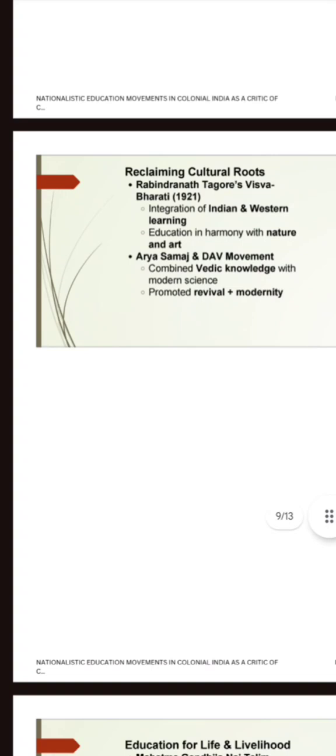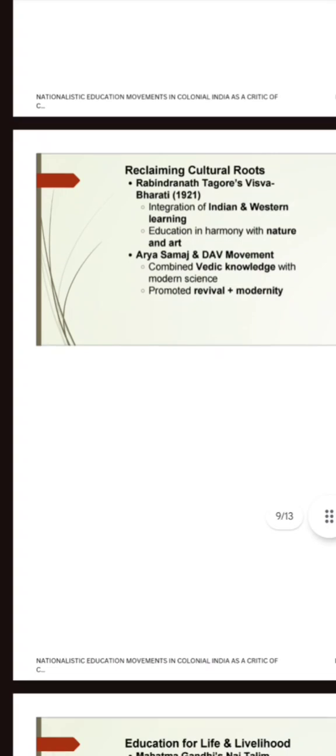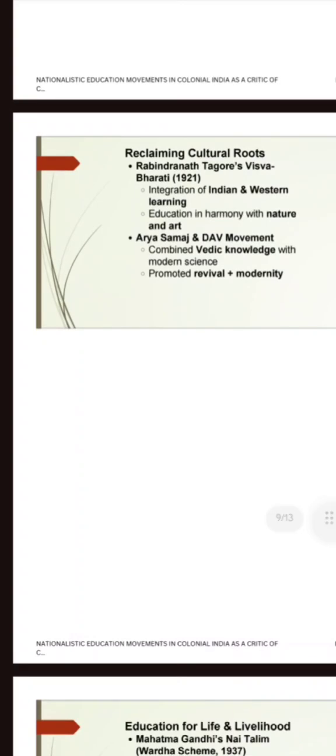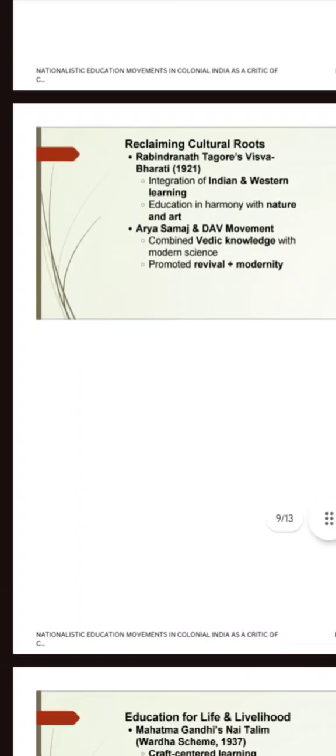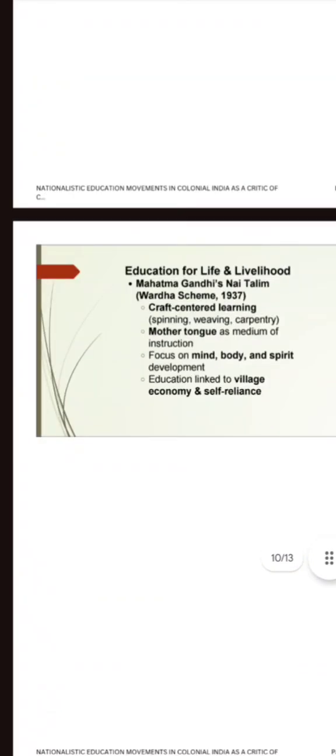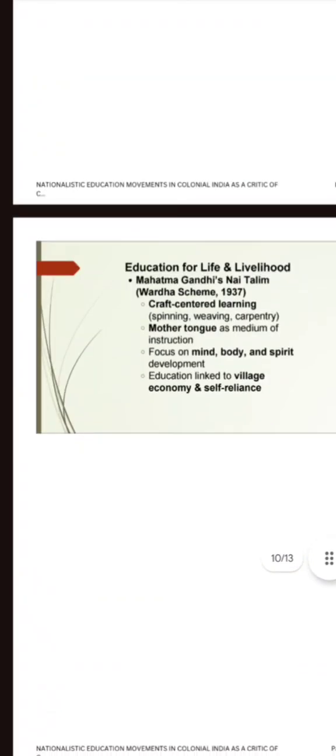Tagore believed that education should be joyful and in harmony with nature. His Vishwabharati promoted art, creativity, and universal understanding. The Arya Samaj movement reconnected students to ancient Vedic wisdom while teaching modern subjects, symbolizing the fusion of tradition and progress.